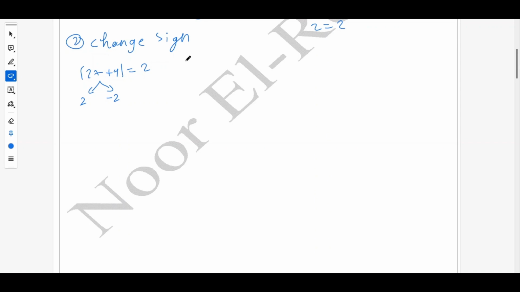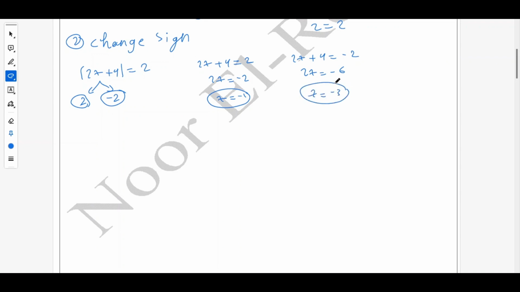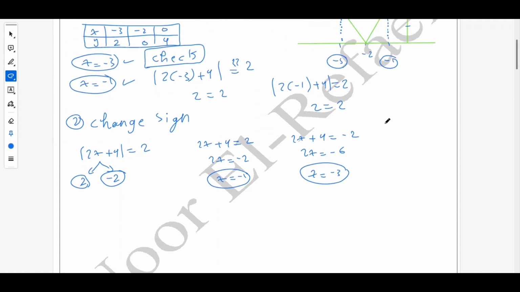According to that, I'm going to solve this equation in two ways. 2x plus 4 equals 2, which is what is supposed to be inside the modulus sign, and I'm going to get 2x equals negative 2 and x equals negative 1. Or 2x plus 4 will be negative 2, 2x equals negative 6 and x equals negative 3. The same answers as sketching.